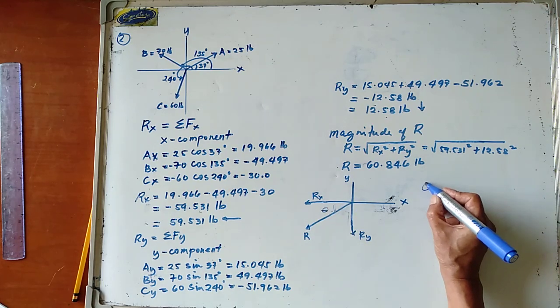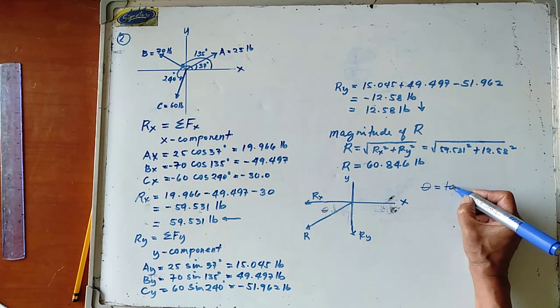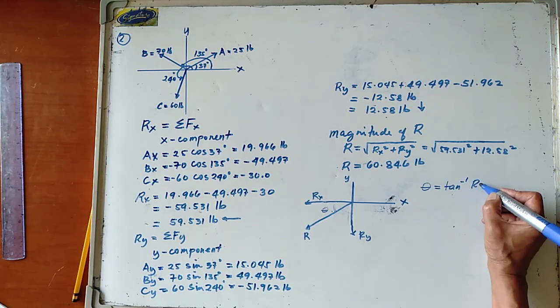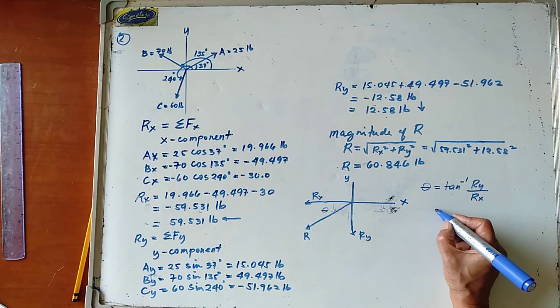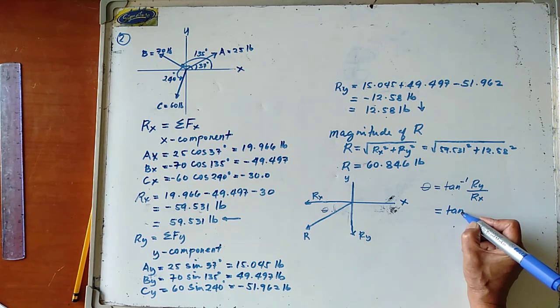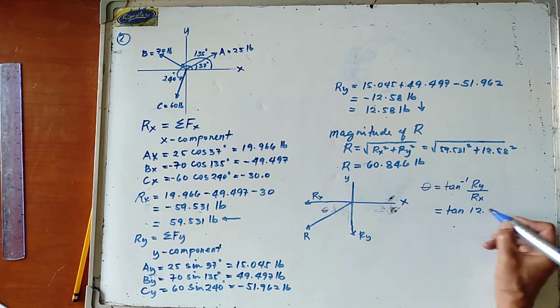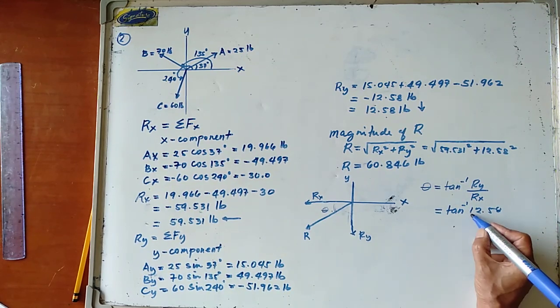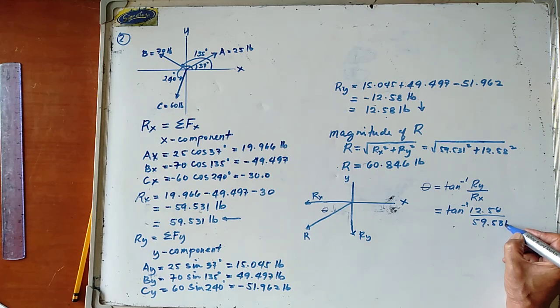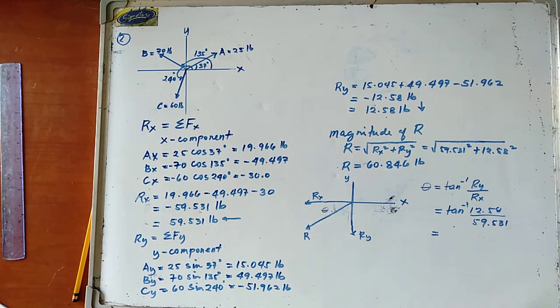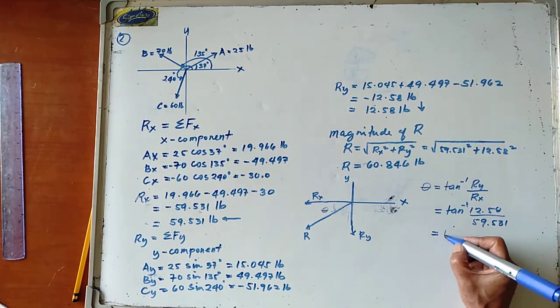Again, theta is equal to the arctangent of Ry all over Rx, which is the arctangent of 12.58 all over 59.531. So theta is equal to 11.93.